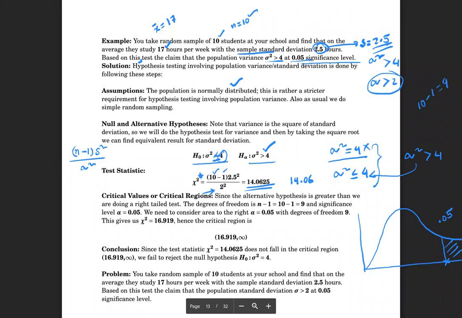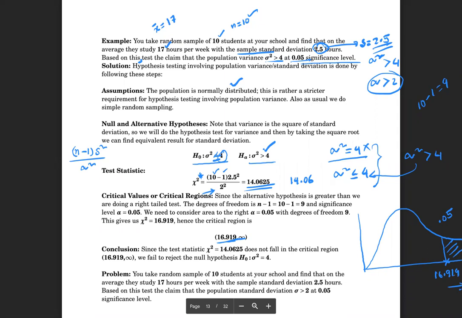So we look at the first column in the chi-square distribution table, 9, and the area to the right of the critical region is 0.05. If you look at row 9 and the column for area to the right 0.05, it gives you 16.919. So your critical region is going to be everything from this point to the right.